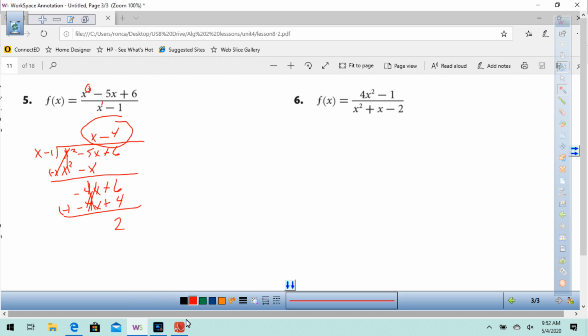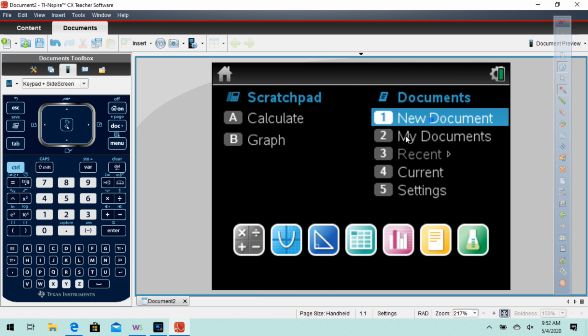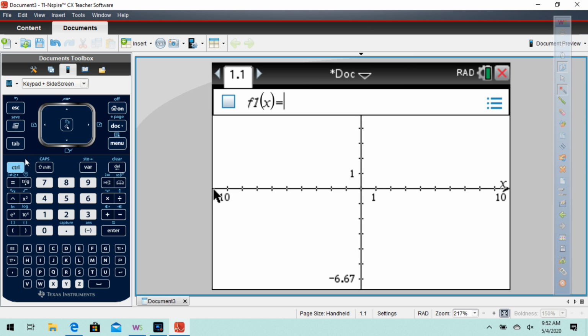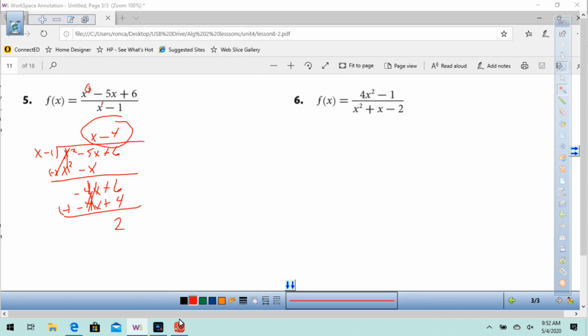I'll show you. So now let's graph it. On new document, no, graphs, control, divide, and we'll do x squared minus 5x plus 6.